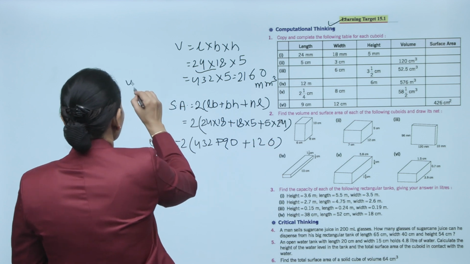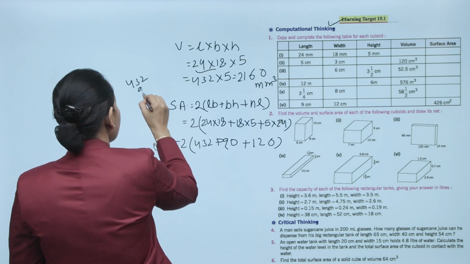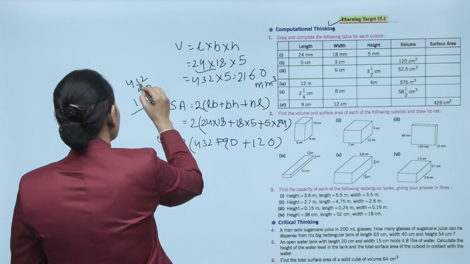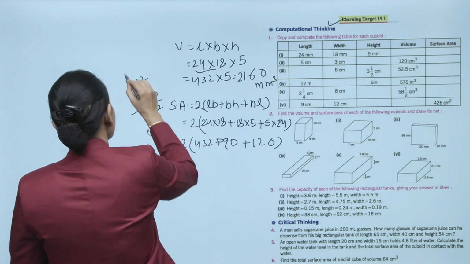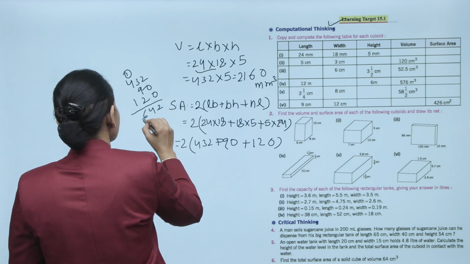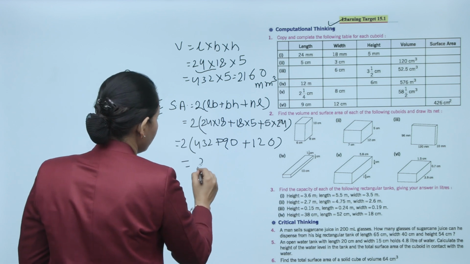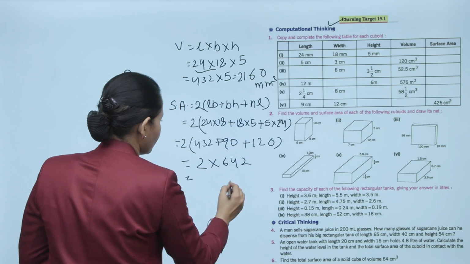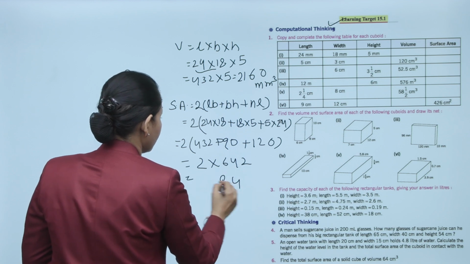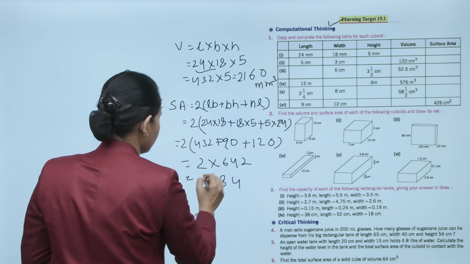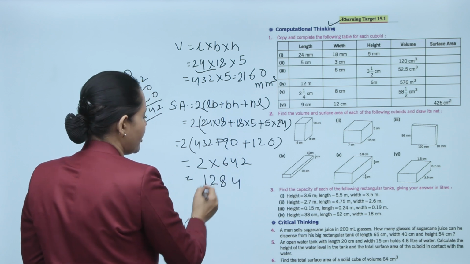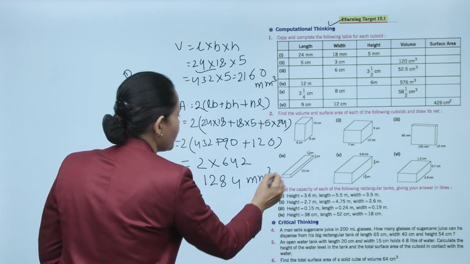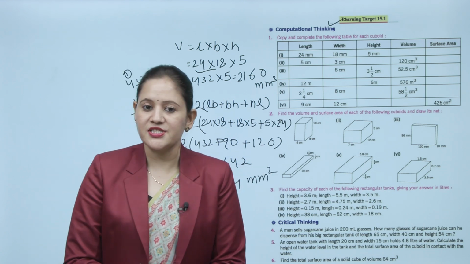We add 432, 90 and 120, which gives 642. So 2 multiplied by 642 is 1284 millimeter square. That is our surface area.